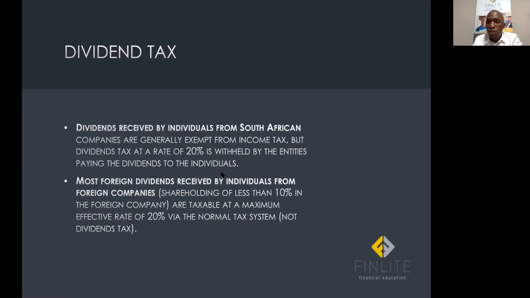So this means if you've invested money in a company, or a mutual fund, or whatever listed company, before they pay you the dividend that is owed to you, the 20% gets withheld. The definition of dividends is that the company is sharing profits with you as an investor. We'll go into this when we get to asset classes and different kinds of investment instruments.